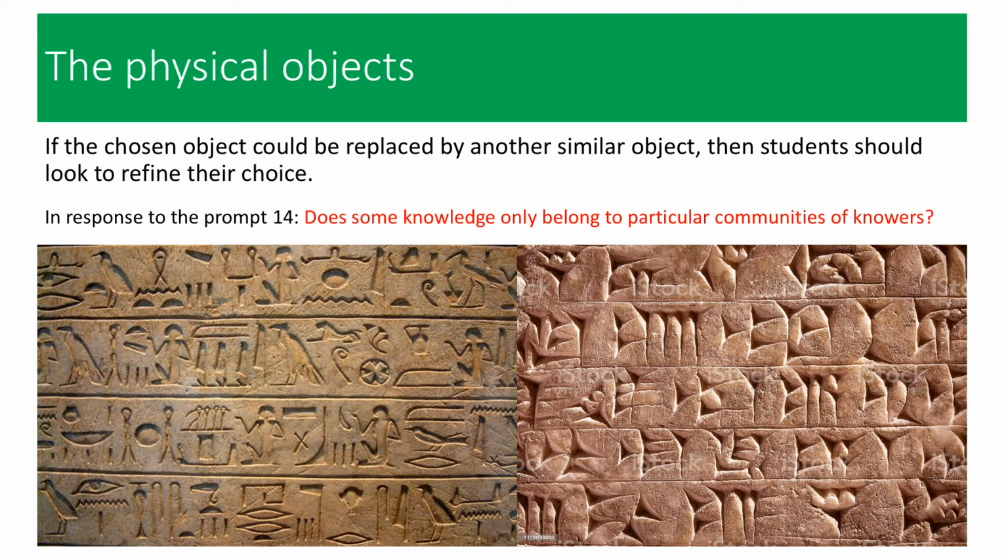What the IB is suggesting is because those Egyptian hieroglyphics could be replaced by Sumerian cuneiform, then that object lacks the highest level of specificity. So try and choose objects that are really specific to your answer to the prompt.